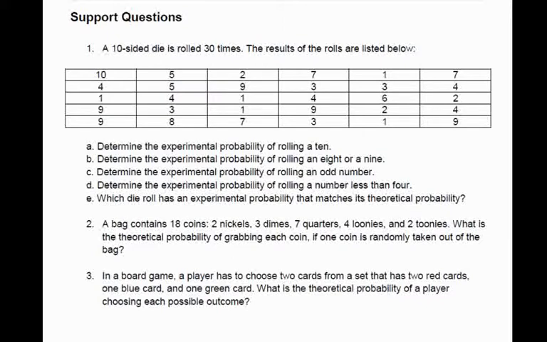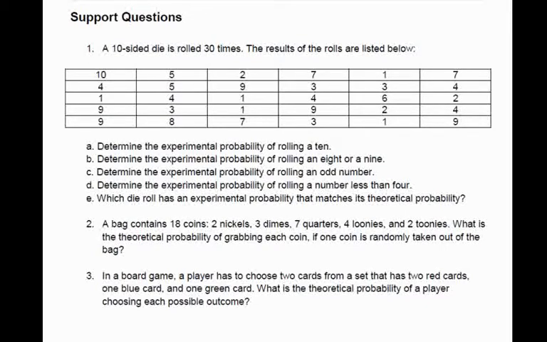So the expected outcome would be 3 of each number. So anytime you have a number that shows up 3 times, that would be one that matches the theoretical probability.